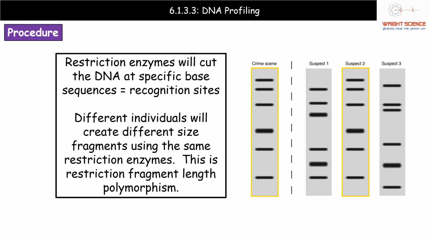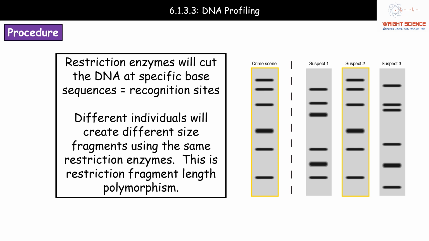Now, as we mentioned, we're going to use these restriction enzymes to cut the DNA sample. And the reason that we use restriction enzymes is that they have these recognition sites, specific base sequences that they will cut the DNA at. Now, what we find is that those restriction enzymes cutting at those same recognition sites means that we're obviously going to be cutting at that same point in all people's DNA.